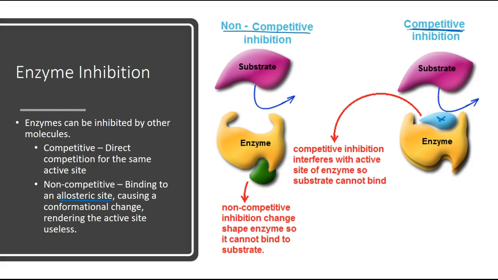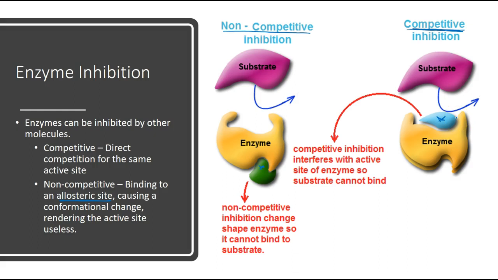Okay, so if the inhibitor, in this case a non-competitive inhibitor, is binding to the allosteric site, it's actually going to cause a conformational change or a shift in the enzyme. And you can see a slight difference between these two enzymes. Let's just assume they are the exact same enzyme, the same color, same shape.